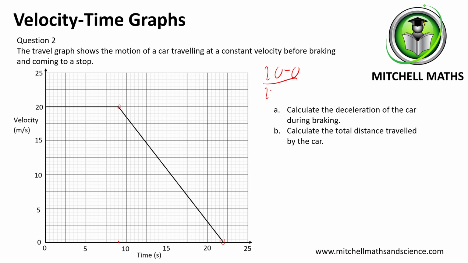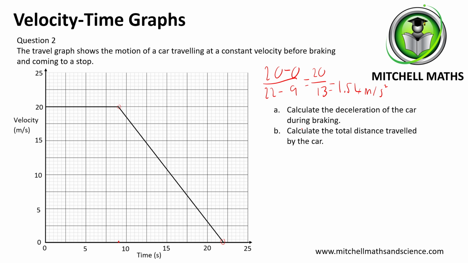Therefore, I'll be doing 22 take away 9, which equals 20 over 13. On a calculator, that gives you 1.54, and the units are meters per second squared. Velocity is meters per second, and acceleration is always measured in meters per second squared because you're dividing the velocity by the time taken. That's the deceleration of the car.